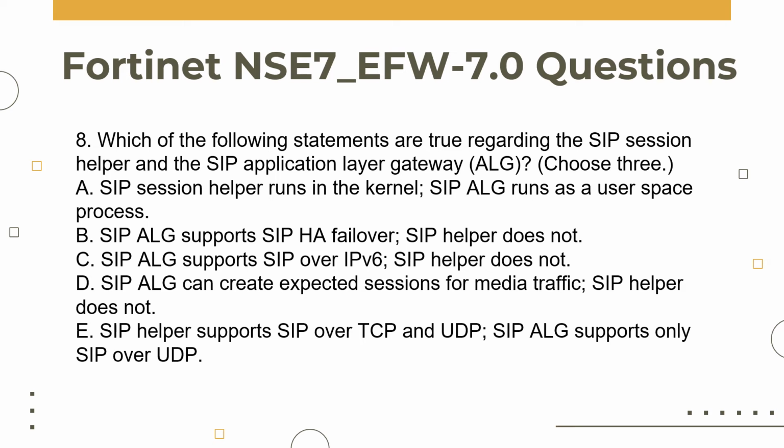C. SIP ALG supports SIP over IPv6. SIP helper does not. D. SIP ALG can create expected sessions for media traffic. SIP helper does not. E. SIP helper supports SIP over TCP and UDP. SIP ALG supports only SIP over UDP.